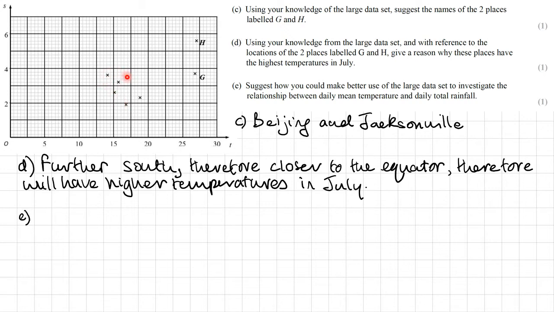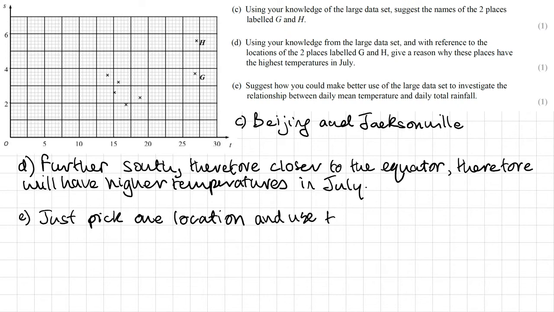Sort of northern Scotland, Western Isles, northern England, southeast England, Wales, they all have different climates. So my suggestion would be that you just pick one location. Wherever that location is, just pick that one location and use the data from that place.